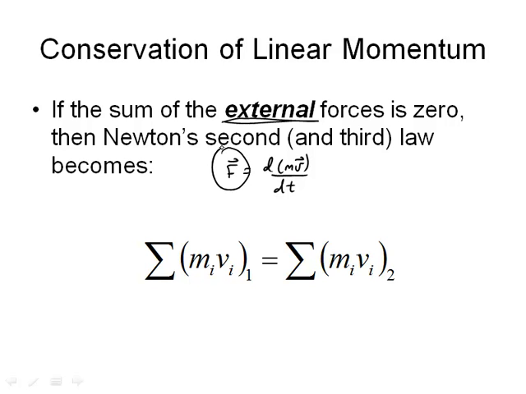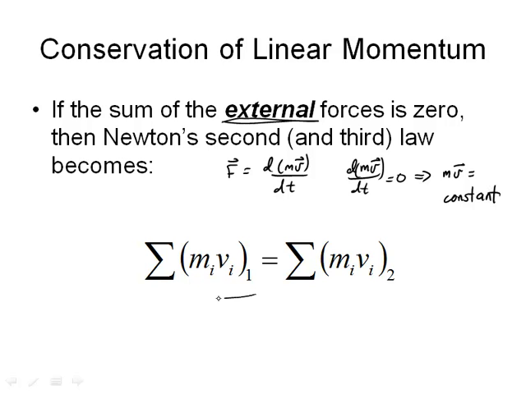But if the external force is zero, then d(mv)/dt equals zero, or the derivative of mass times velocity with respect to time is equal to zero, means that mass times velocity must equal some constant, because the derivative of a constant is equal to zero.